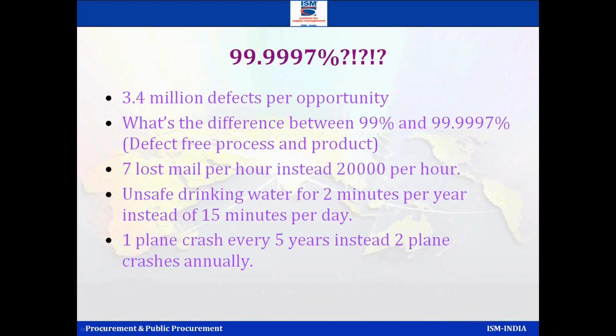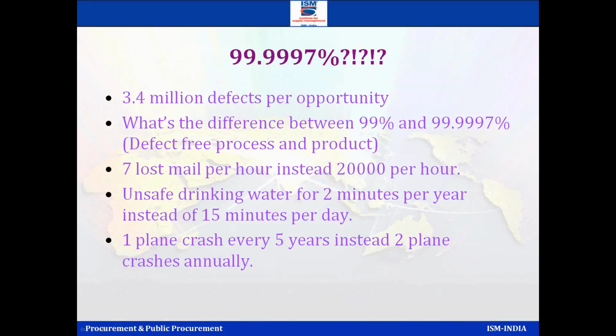This also gives you beautiful data. So when we work with 6 sigma, it means if 20,000 mails are coming to you per hour, 7 mails are lost. You allow up to 7 mails. Unsafe drinking water for 2 minutes per year instead of 15 minutes per day. 1 plane crash. So you want to have a wonderful airline.